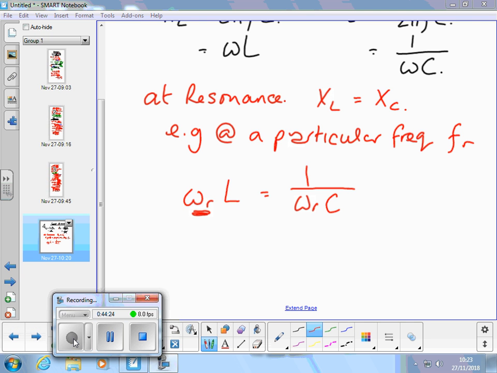What do I need to do to get omega R on its own? Yeah, so multiply by omega R. So we end up with omega R squared times L is equal to 1 over C.